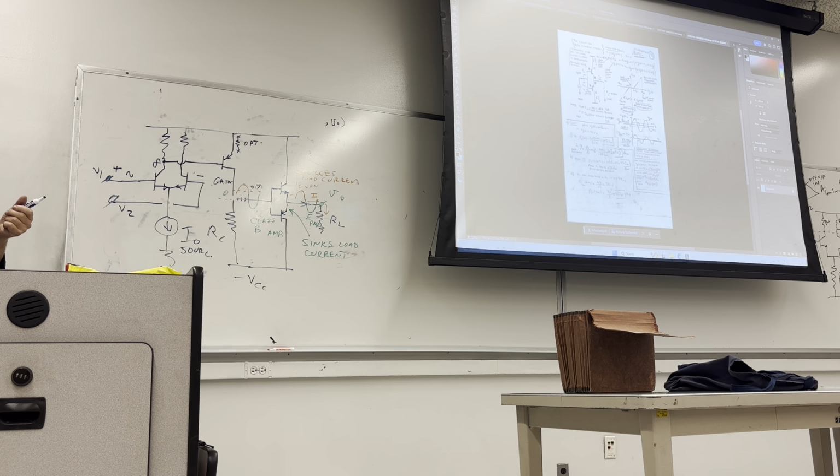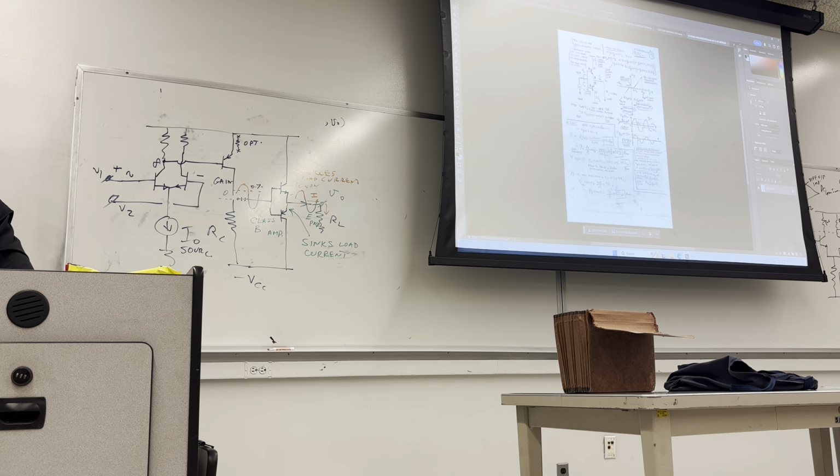So how do they do that? They do it with a compensation. So we need to put a kind of DC voltage from here to here by 0.7, another DC voltage from here to here by another 0.7, in order to make up for VBE 0.7 of each transistor. And there's a way to do that.